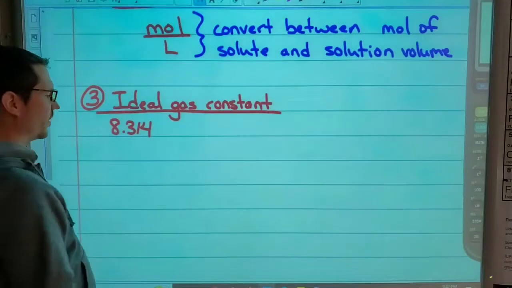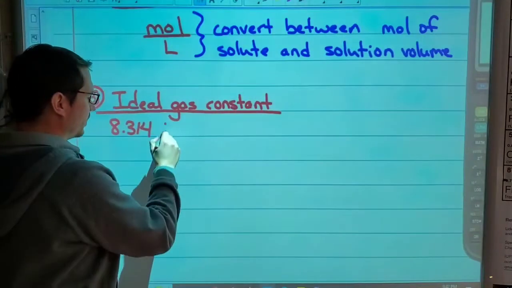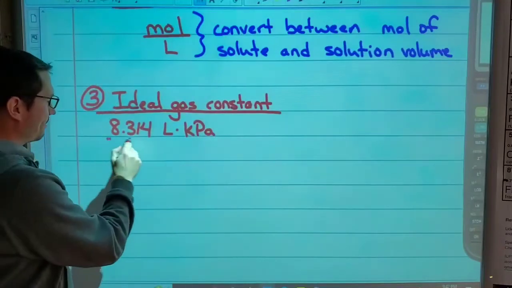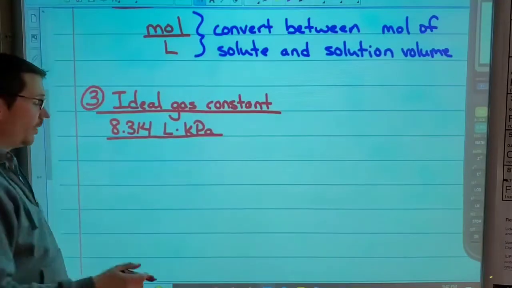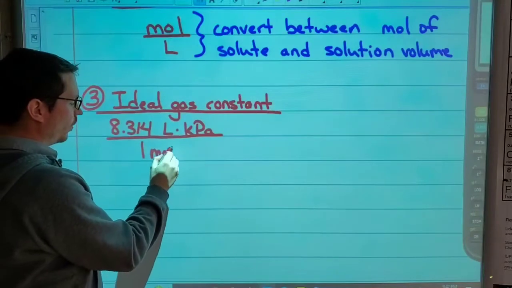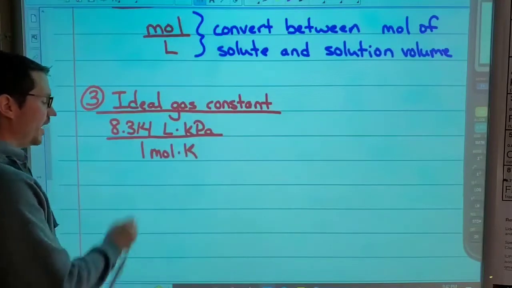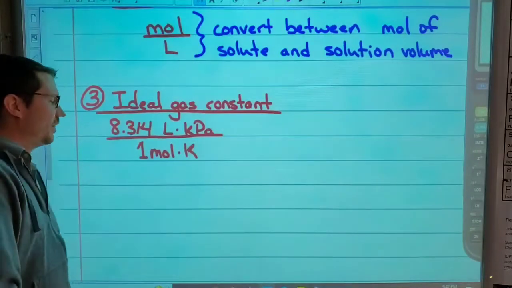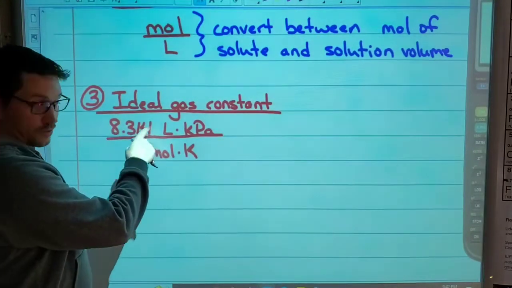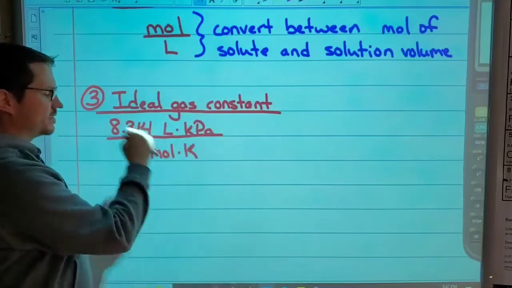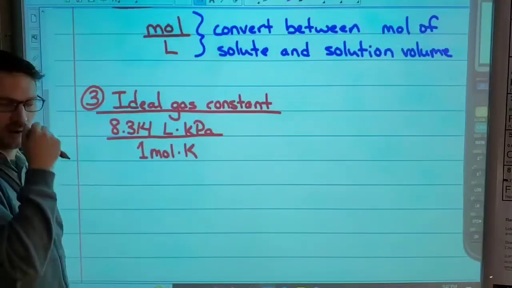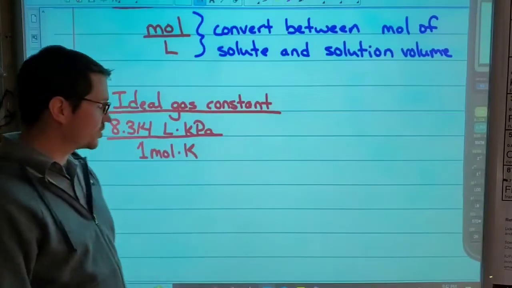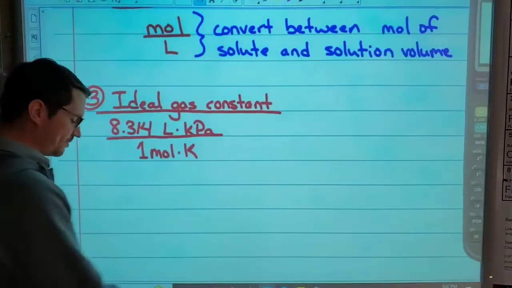Doesn't matter what order they're in. Liters, kilopascals on top, and then on the bottom is mole Kelvin. And I'm putting a number 1 here just to show you that there are 8.314 liter kilopascals per every 1 mole Kelvin on here. And that'll be important a little bit later on when we do our calculations. I'm sure you're a little bit aware of that.